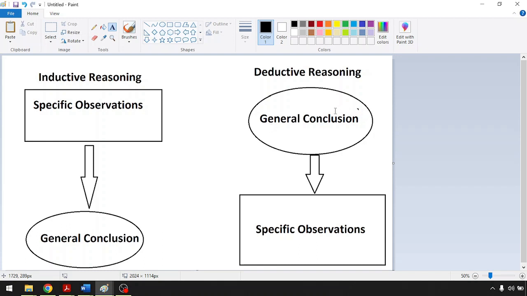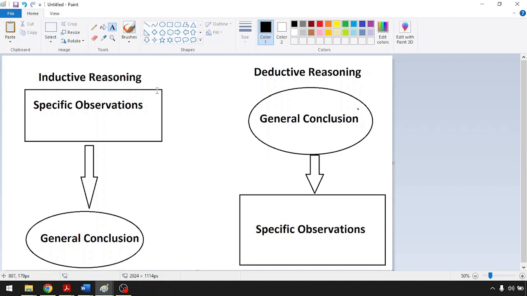So if we were to use this deductively, we would say each time we see somebody who comes from a high socioeconomic class or who is wealthy, we also expect them to be highly educated.